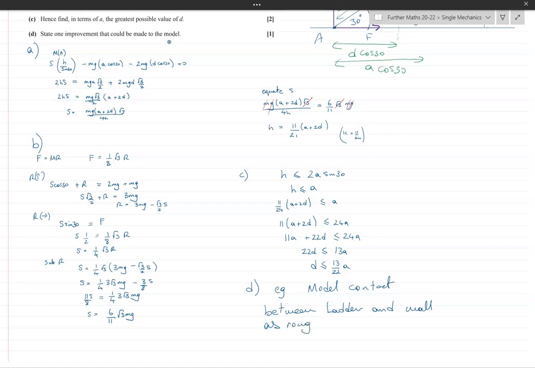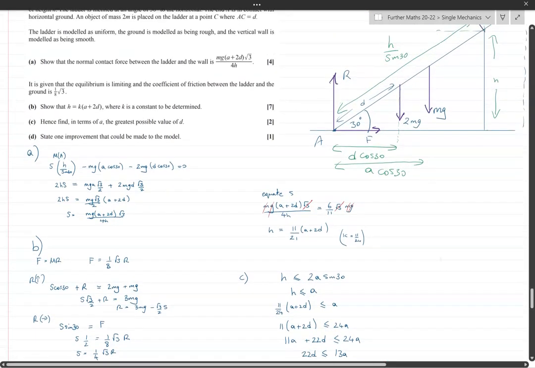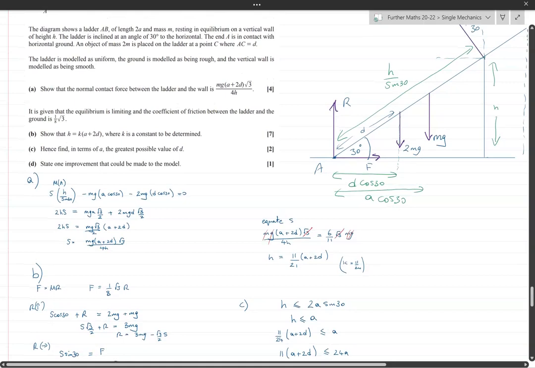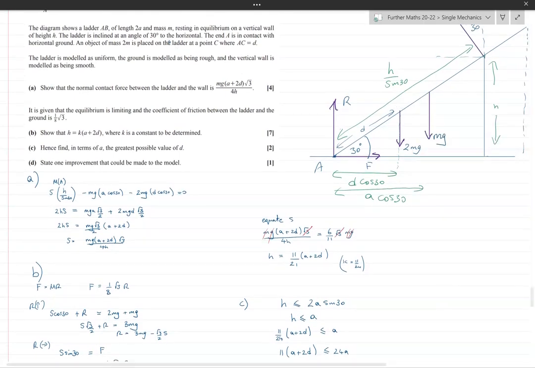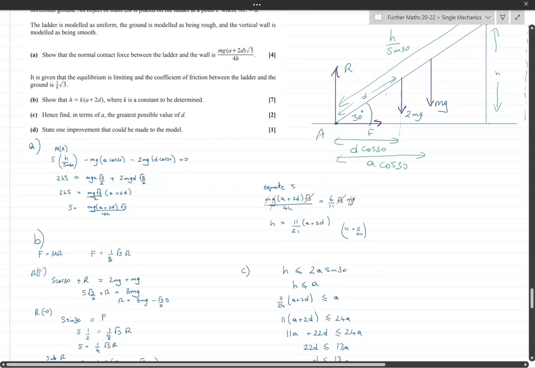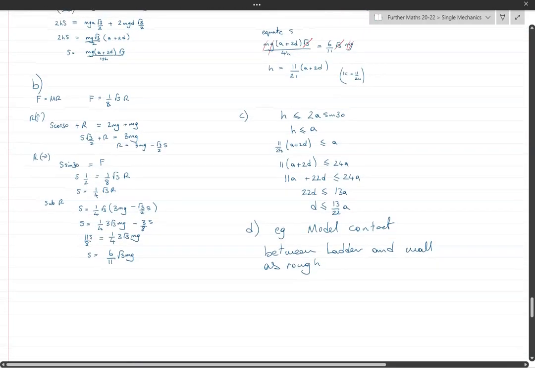And that will get it. I said there are other possible answers. You can refer to the fact that it might not be uniform. Also that this might not be a particle here, so consider that. Various things it could be would get the answer.